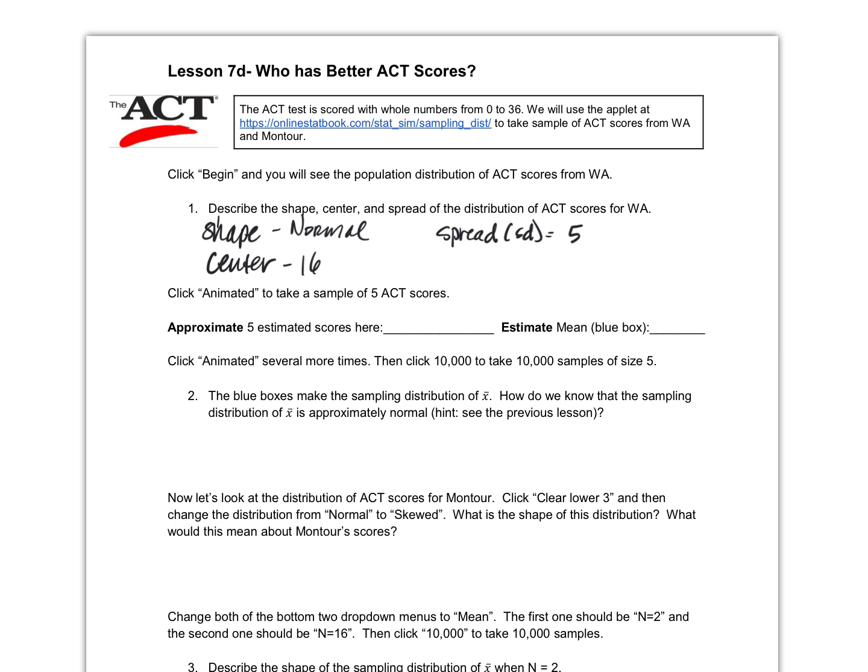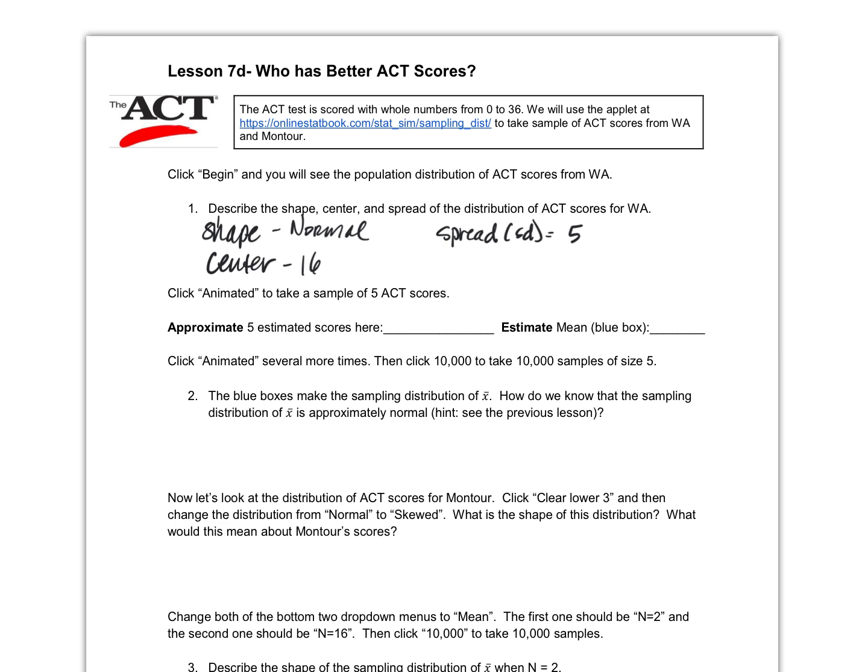Easy peasy. So it says we're going to animate this and click to take 5 ACT scores. So we're going to hit animate 1, 2, 3, 4, 5. So it took 5 scores from the population and it averaged them. That's what this blue one down here is. This is the average of those 5. Great. Isn't that handy? So fast.